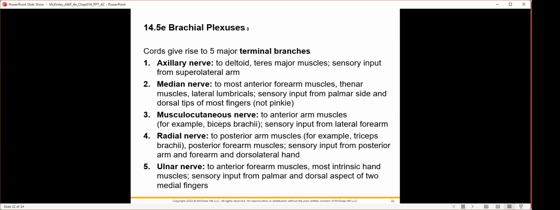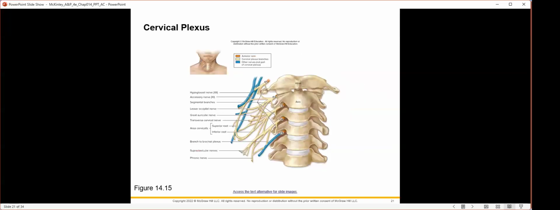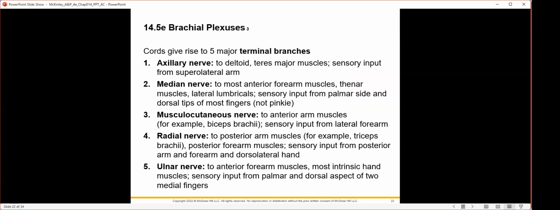Musculocutaneous goes to the front muscles of the arm. And then the radial and ulnar nerves go to muscles in the forearm where the radius and the ulna would be. And again, sorry about that. We have switched to the brachial plexus. Cervical is just with the neck. Brachial plexus has to do with our different branches to the arm.